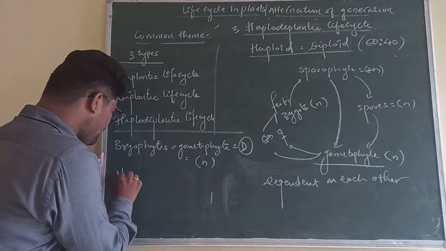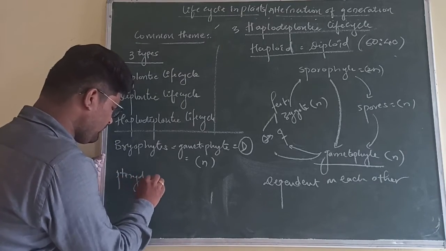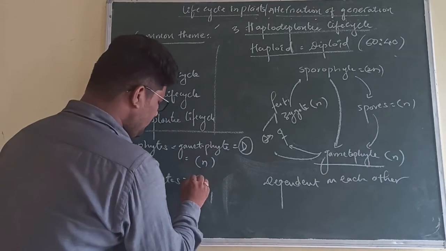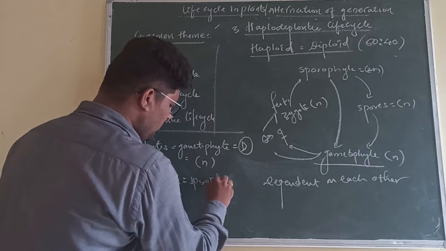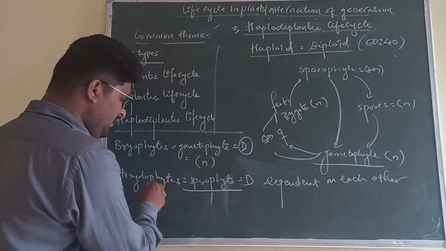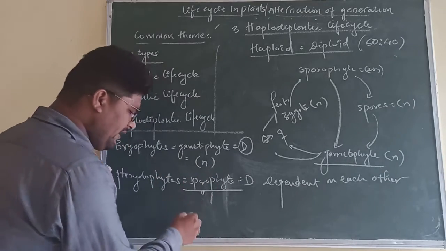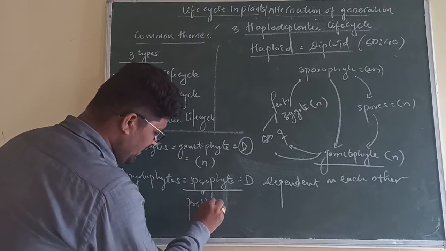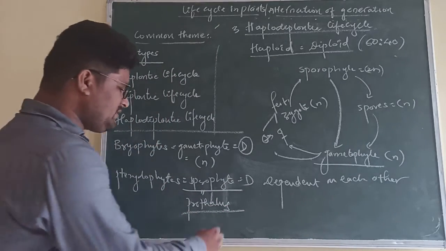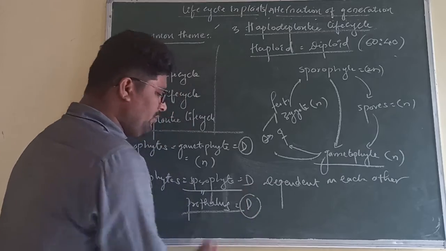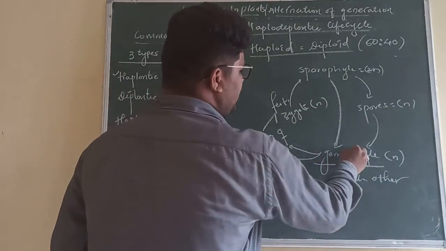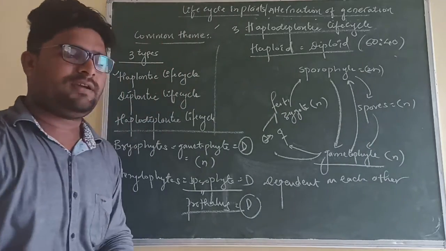And in case of pteridophytes, the sporophyte is dominant. And the gametophytic generation in pteridophytes is said to be prothallus. It is very important. Prothallus. This sporophyte is always dominant, and that's why the gametophytic generation is dependent on the sporophytic generation.